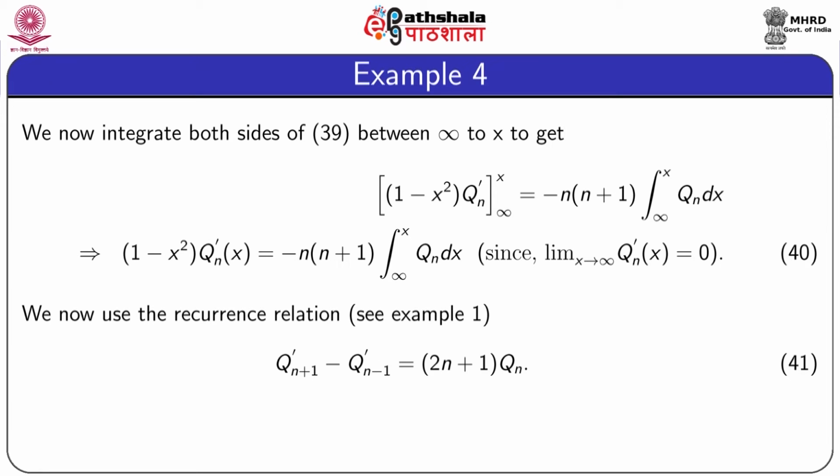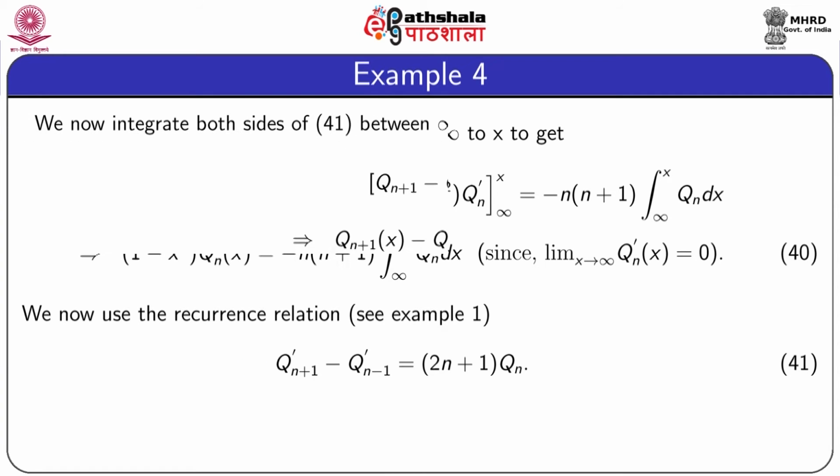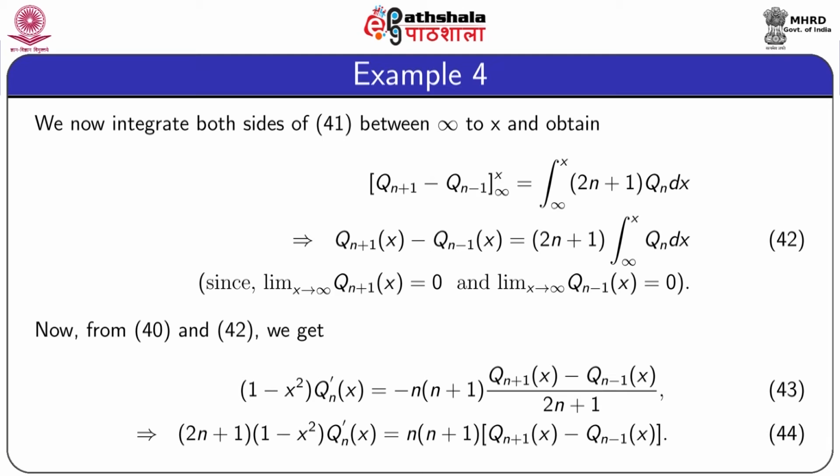We now use the recurrence relation Q' n plus 1 minus Q' n minus 1 is equal to (2n plus 1) Qn, which is given in equation 41. We integrate both sides of 41 between infinity to x, and we obtain Q n plus 1 minus Q n minus 1 from infinity to x is equal to integration of infinity to x (2n plus 1) Qn dx.